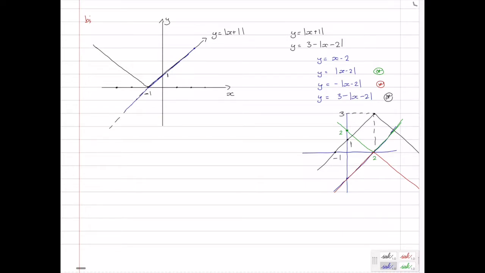So it's intersecting with this thing. They're crossing, overlapping. Okay, this would actually be crossing at the point 5. Now it's good to label all these points here, so the marker knows that you know where everything is crossing. And of course label this 3 minus the absolute value of x minus 2. Okay, all right, and that's part I.